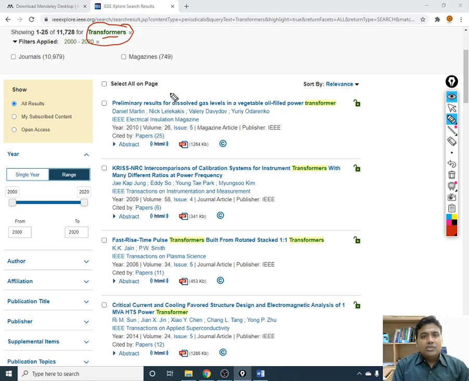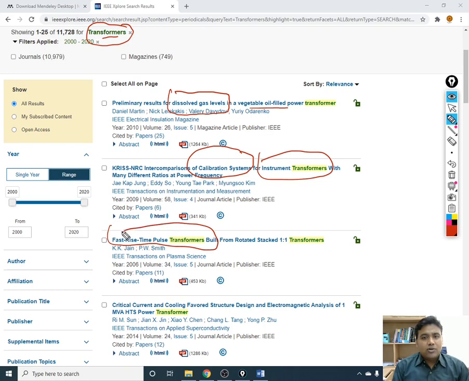Here, for example, the topic is dissolved gas levels in vegetable oil power transformers. Next you have an instrument transformer calibration system. Next, a fast rise time pulse transformer in the stacked 1:1 transformer.